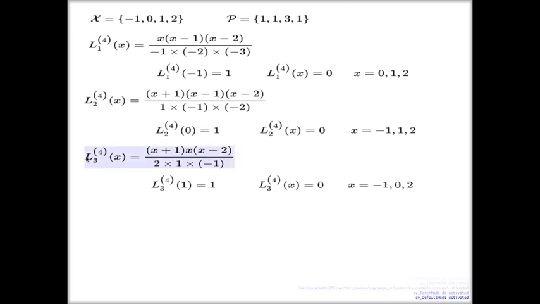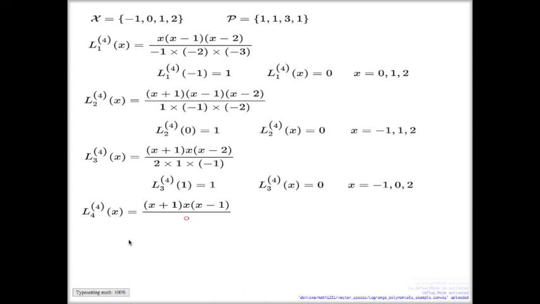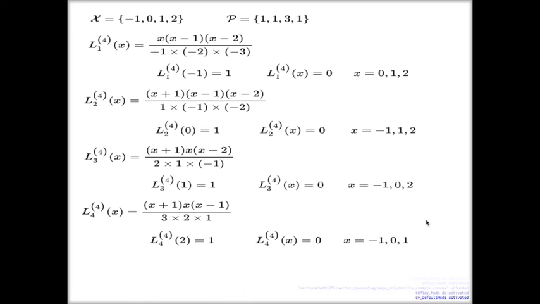Final Lagrange polynomial. Now I use the first 3 points for the linear factors, and the bottom is the numerator at point 2. 3, 2, 1. The same conditions hold for my last Lagrange polynomial.